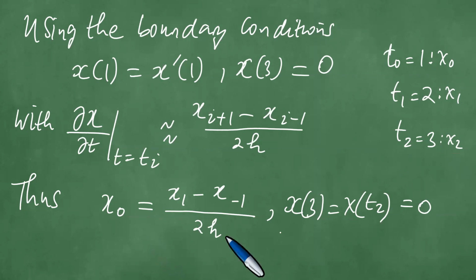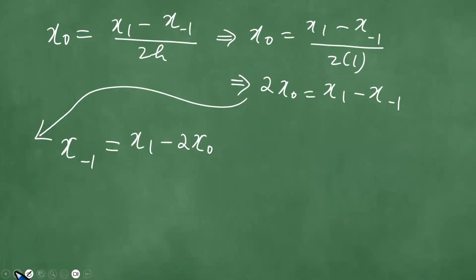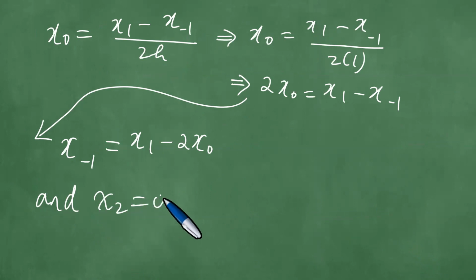So this would mean therefore that x2, because it's x at t2, we call it x2, and x2 is 0. So it gives us a boundary condition, and we have therefore that x2 itself is 0.